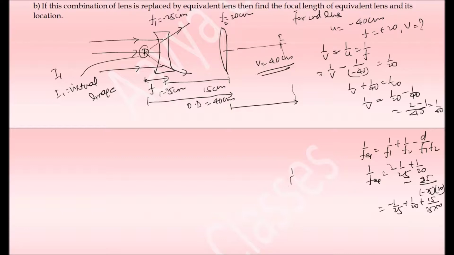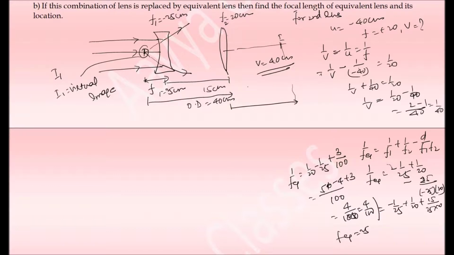So we get 1 by f equivalent is equal to 1 by 20 minus 1 by 25 plus 3 by 100. So you just take the LCM. You get f equivalent is equal to 25. So the equivalent focal length will be 25.